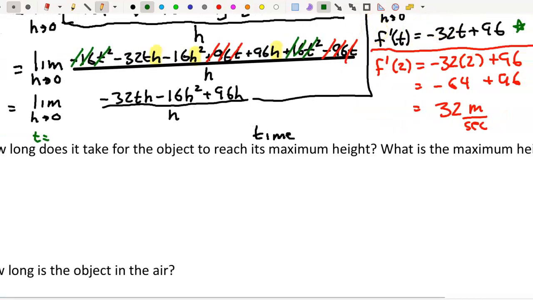It's saying this function right here, when does that equal 0? So we want to find out when f prime of t equals 0. And we know f prime of t is now negative 32t plus 96. So when does negative 32t plus 96 equal 0?